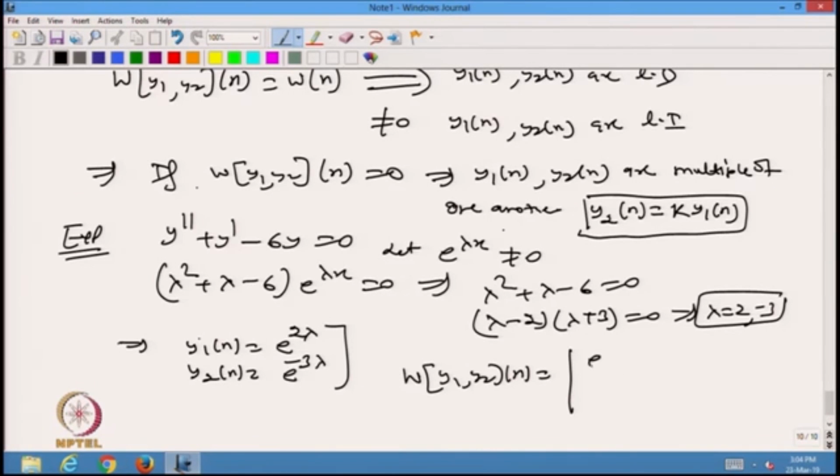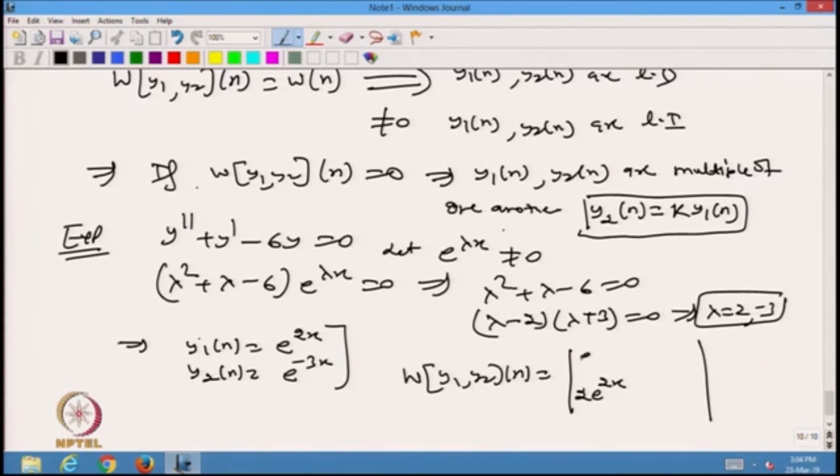So, this will be the determinant with e^(2x) and e^(-3x) in the first row. The same thing I will do in the second row, taking the derivatives. If I solve this by taking the determinant, it will be -3e^(-x) - 2e^(-x).